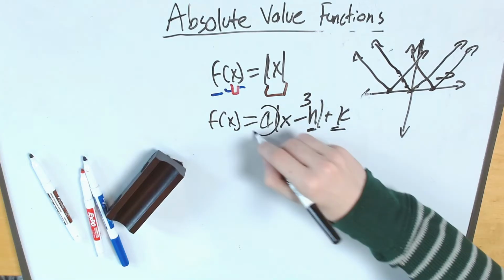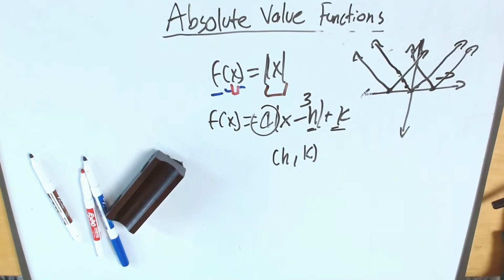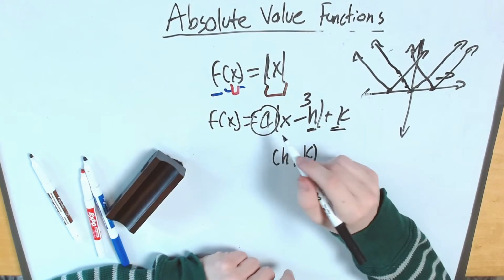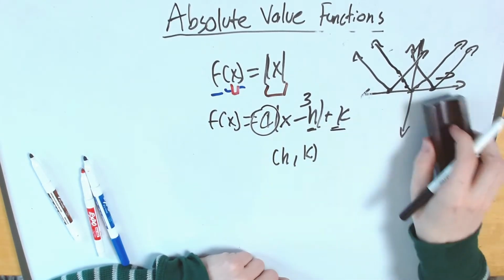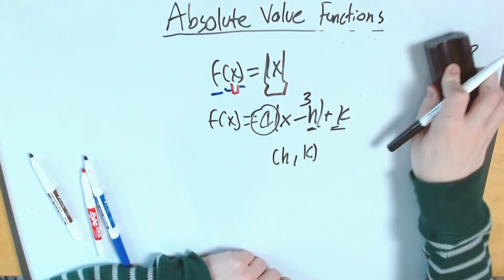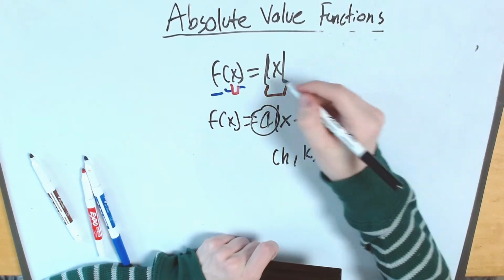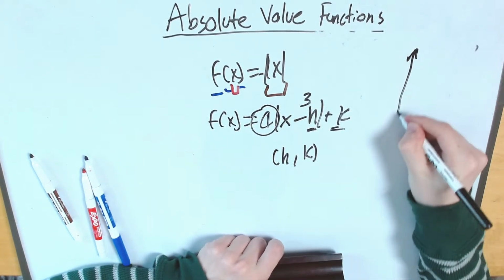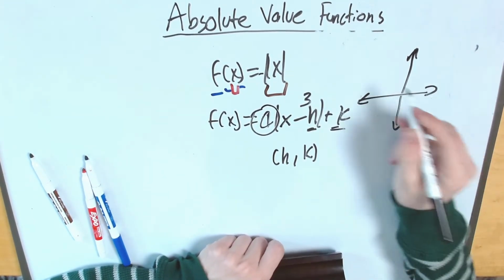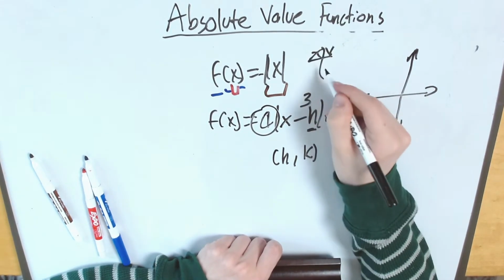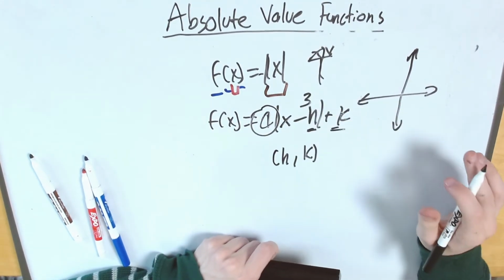This a here is interesting in that it tells us how far the graph stretches vertically, and its sign will say if it stretches up or down. So if this was negative, if we had something like f equals negative absolute value of x, that would just mean, within my table of values, instead of having it all be positive, it would all be negative.